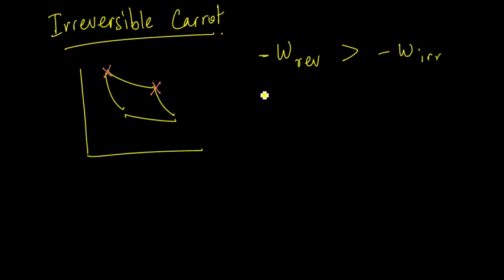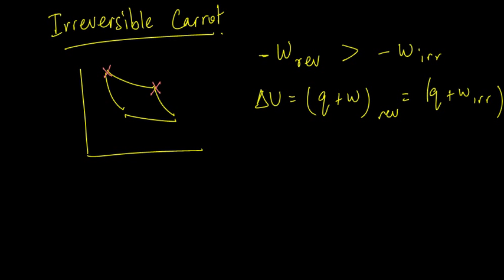So I know that delta U is equal to Q plus W. Reversible is equal to Q plus W irreversible, and I already know that minus W reversible is greater than minus W irreversible, which just means that the heat that is required, the heat that is required reversibly is less than the heat that is required irreversibly, right?